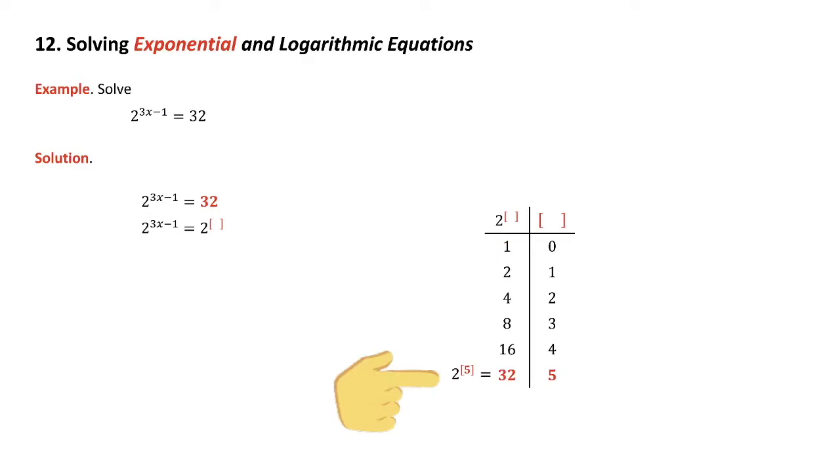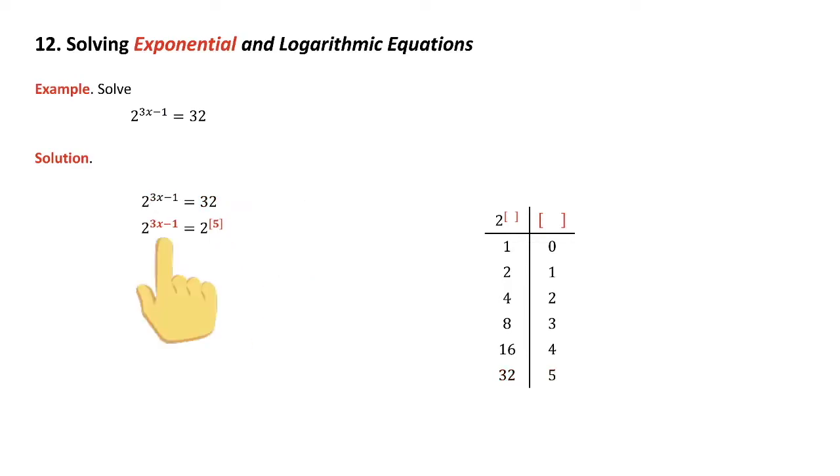2 to the 5th power is 32. We just guess. So I plug 5 into the power. 2 to the 5 is 32. Check.